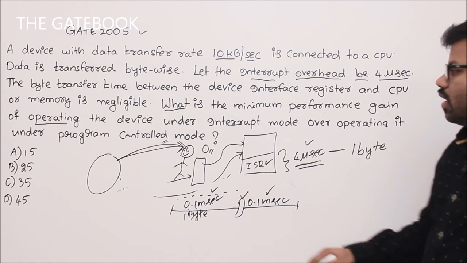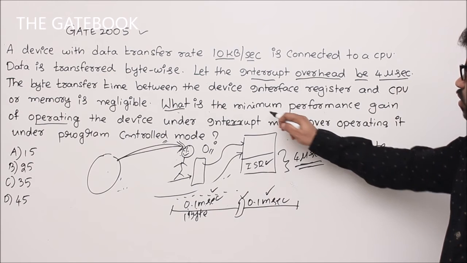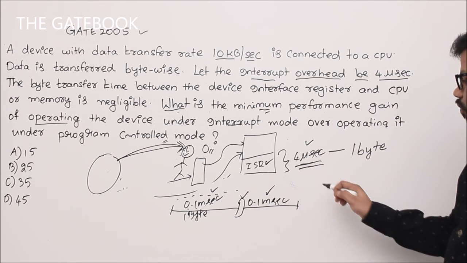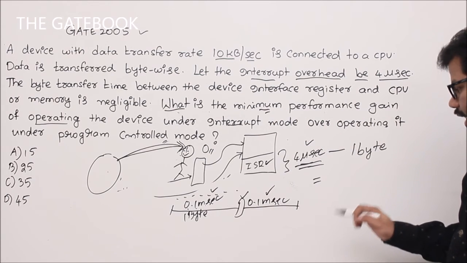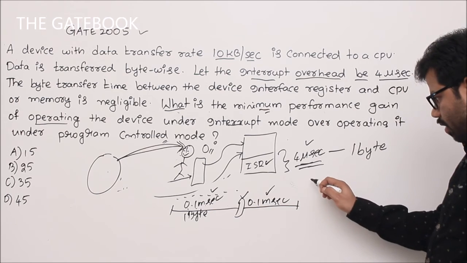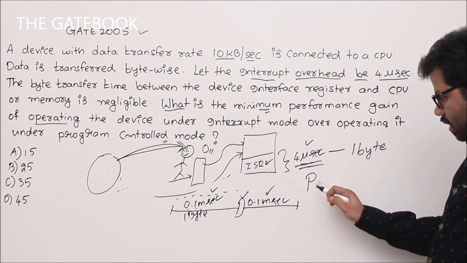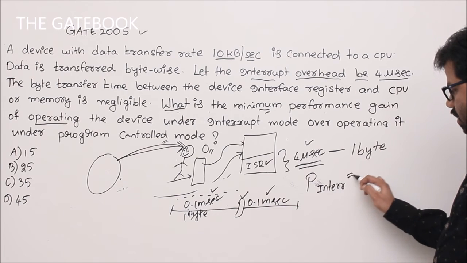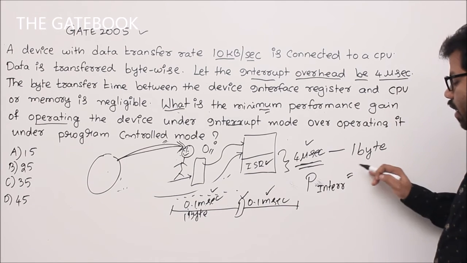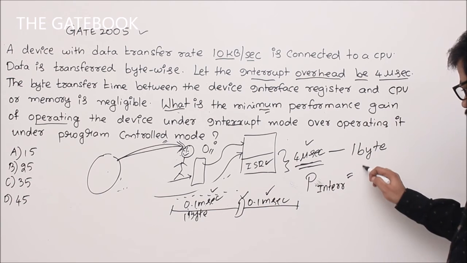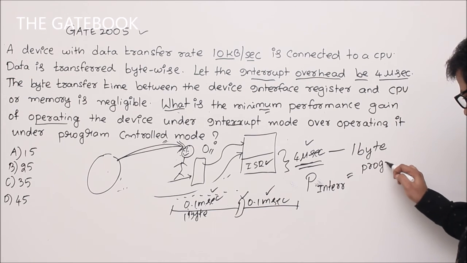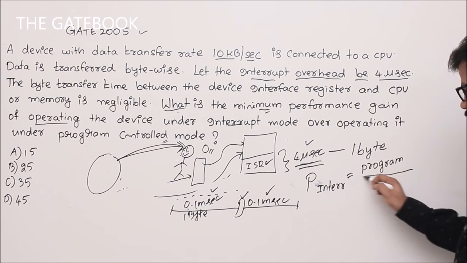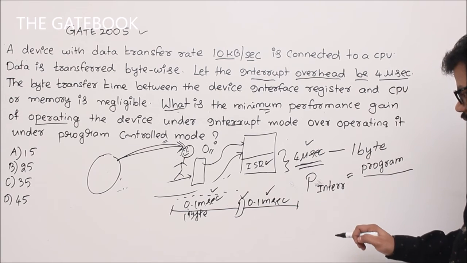Then if you want to know the speed up, here also what is the performance gain? If you want to know the performance gain of interrupt, let me write it like this. The formula is the speed you achieved through program driven. Always remember, because it is between program driven and interrupt driven, right?